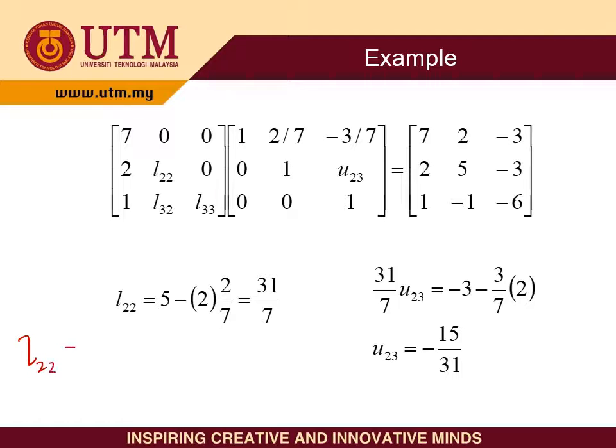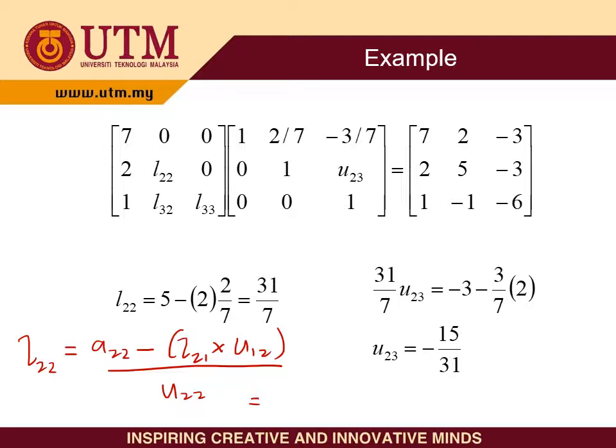So if you look back to the equation, in order to find L22, you must have A22 minus L21 multiplied by U12, and you need to divide by U22.